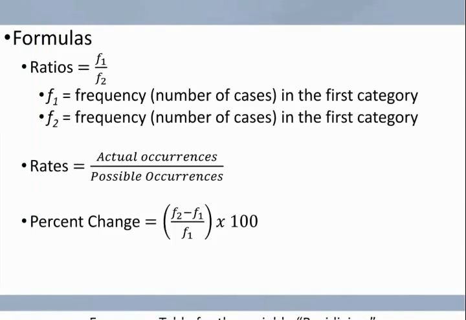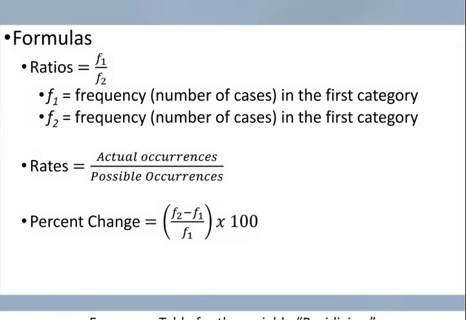So here's our formula for these. For ratio, it's the frequency of the number of people in the first category divided by the frequency of the number of people in the second category. For rates, it's the actual number of occurrences divided by the possible number of occurrences.